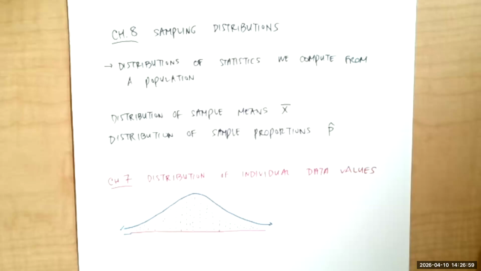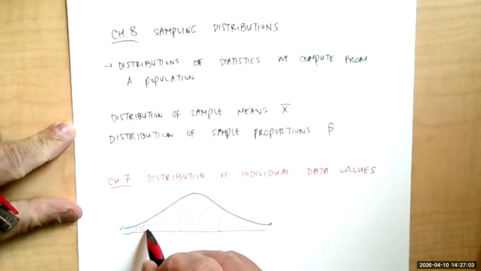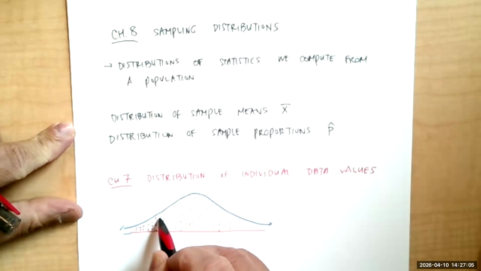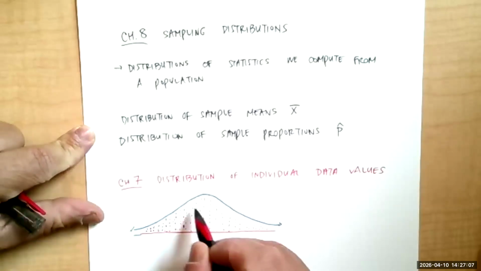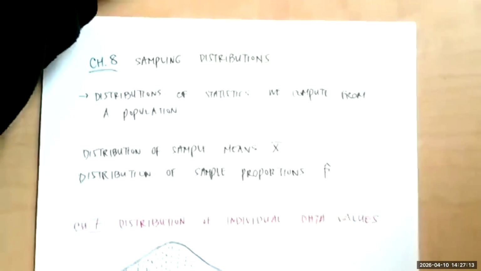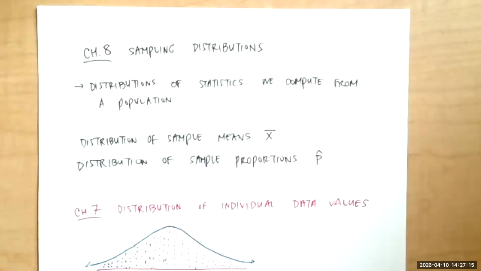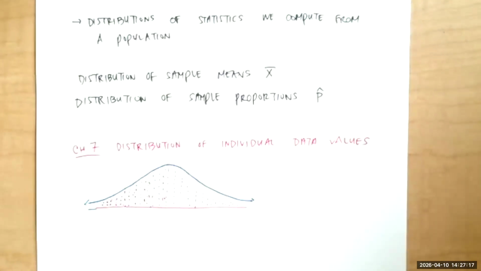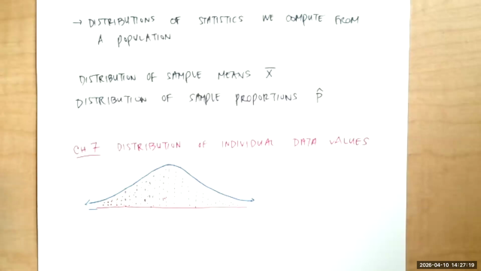Now our discussion is, instead of calculating the probability for an individual picked out of that group, let me zoom in a little bit to make that clearer.